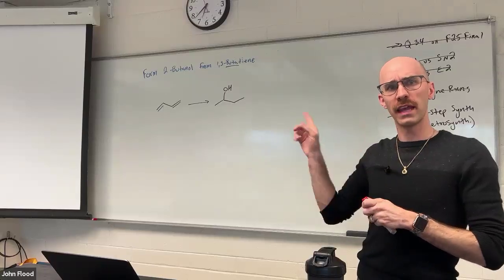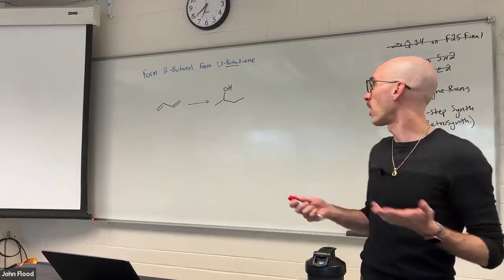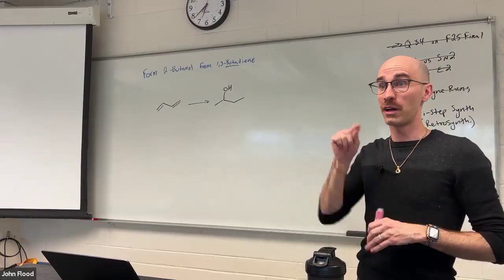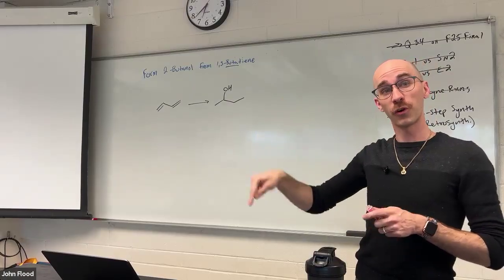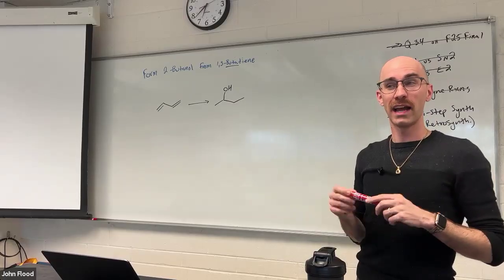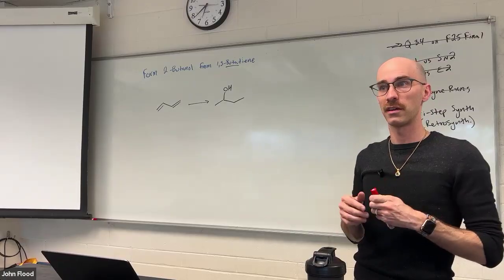So if I start with H2 and Pd/C, I go from butadiene to butane. So I might want to get the hydration done first so that I still have alkenes to work with. But as it goes with most synthesis problems, there's usually more than one route.